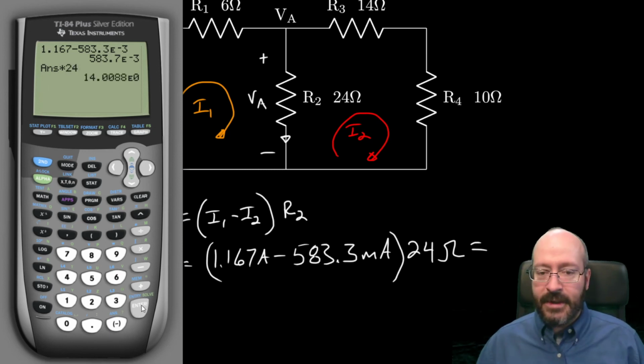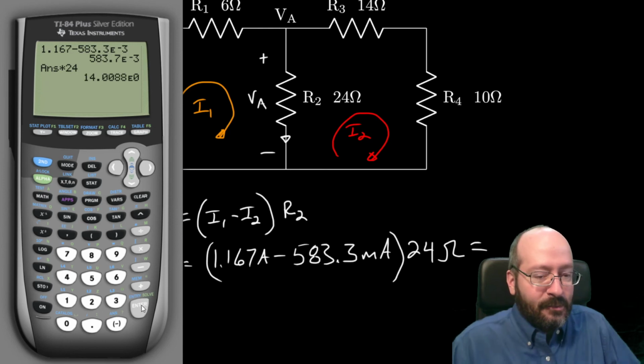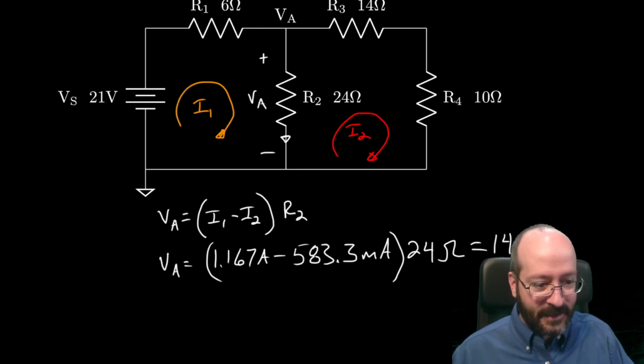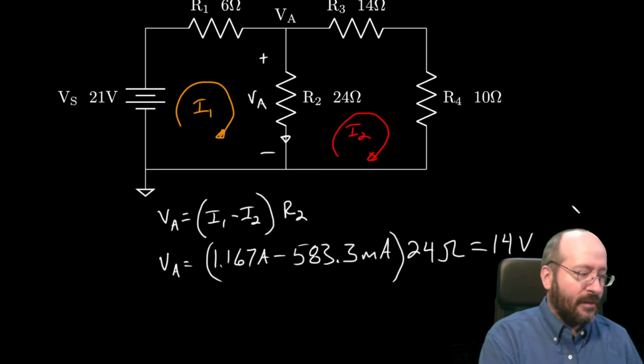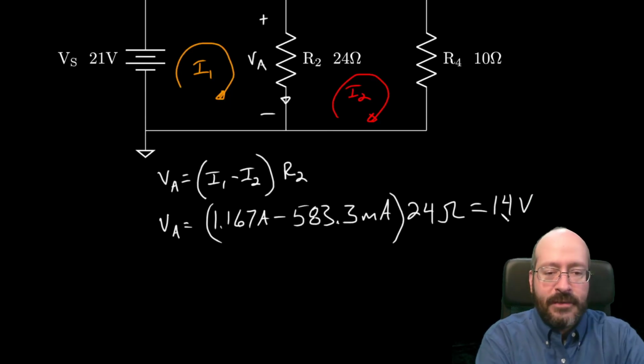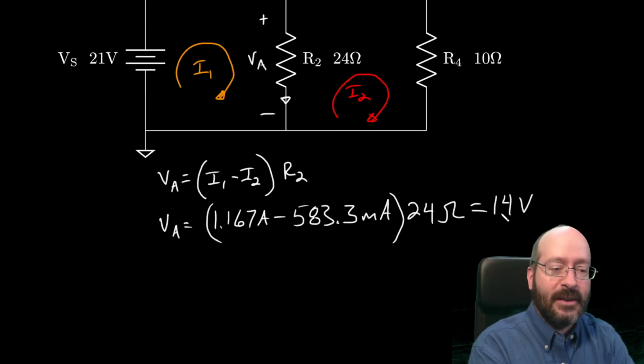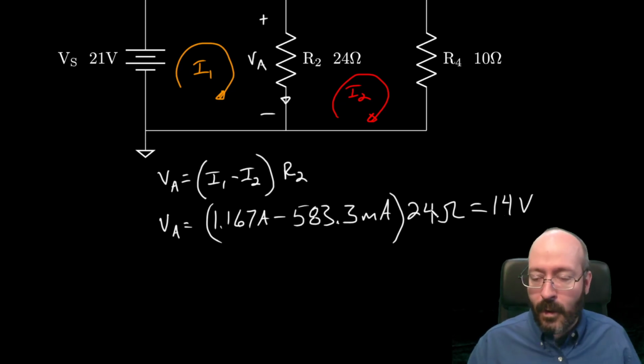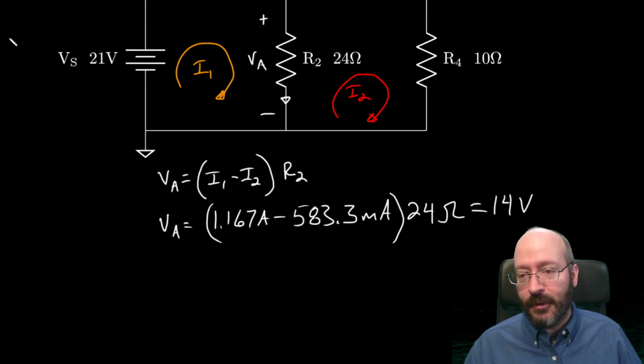And that's going to give me a little bit of rounding. Who doesn't love error? But that ends up being 14 volts. Okay, 14 volts. Isn't that what we found using the seat of the pants method? It is. Whew.